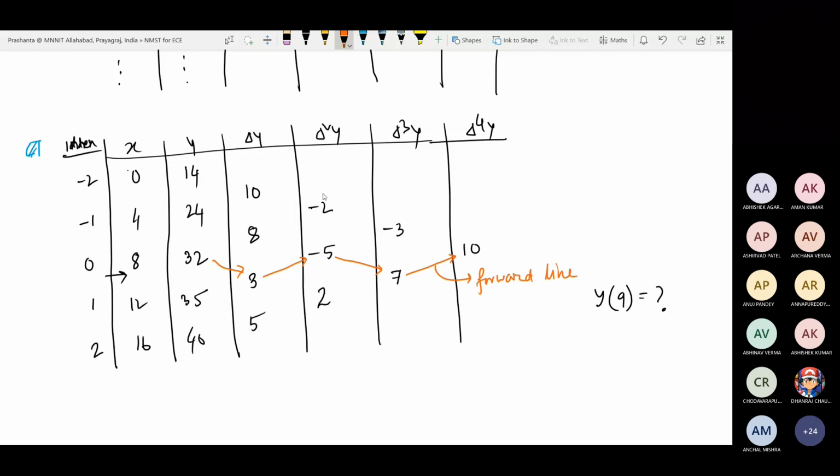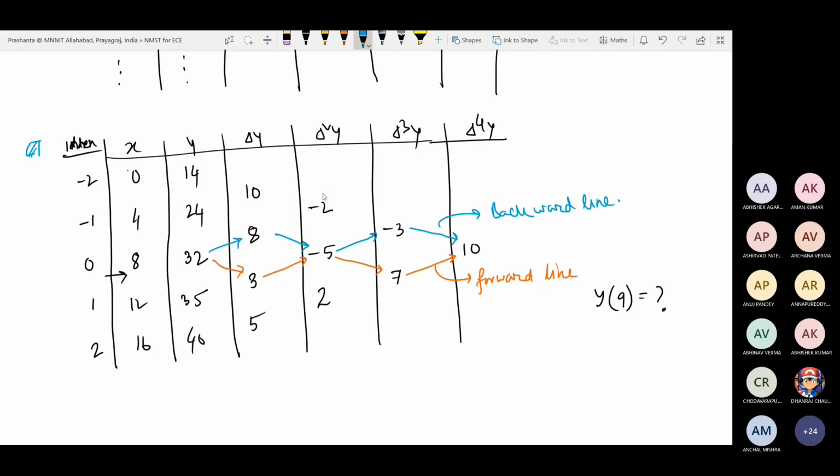And the backward line will be this one: 32 to 8, 8 to -5, -5 to -3, -3 to 10. This is the backward line. So keep this table ready. Once I discuss the formula, I'll come back to this data set and ask you the value of y9.